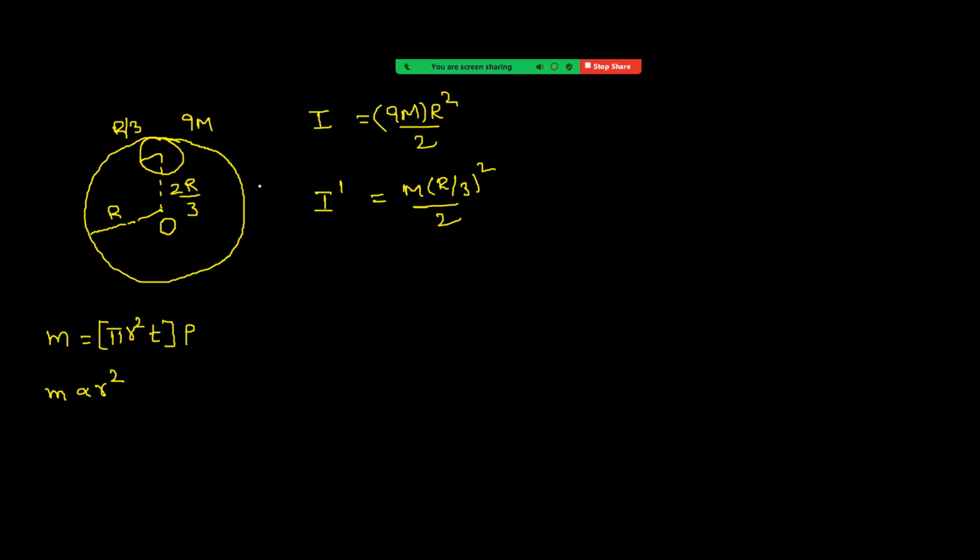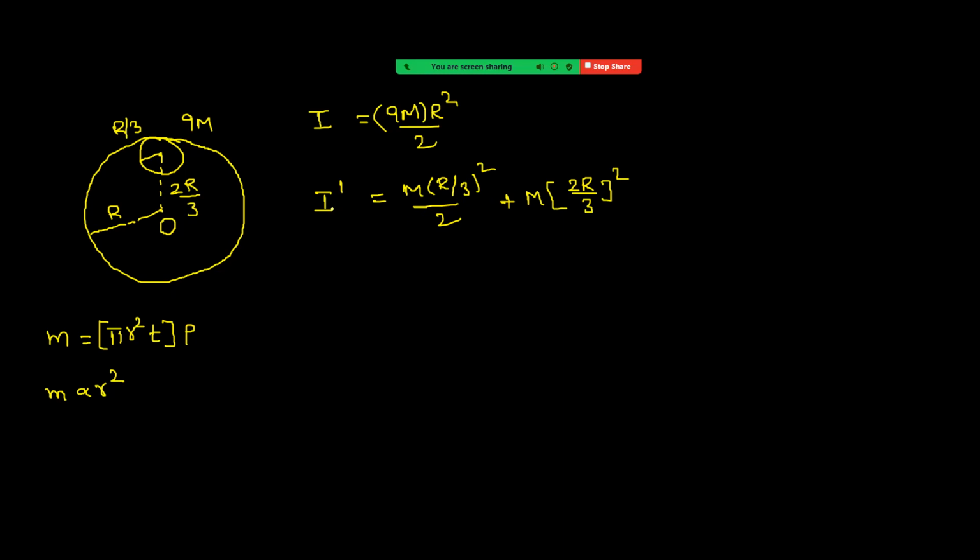Okay. Next, we want to calculate about O because we have to subtract, and when we want to subtract, it must be done about the same axis. So this is about its own axis, meaning about this axis. Plus, I am now taking the parallel axis theorem, plus m into the square of the distance between the axes, that is now 2r by 3.